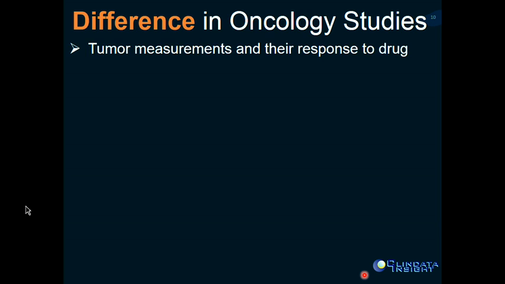So let's see how an oncology study differs from other therapeutic area studies. First of all, there will be tumor measurements and their response to drugs. So we should collect and measure that information.